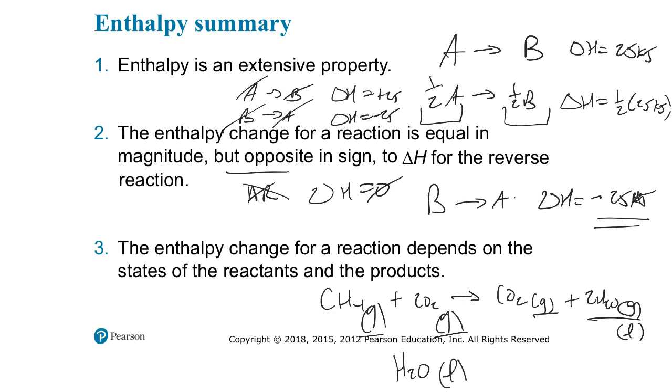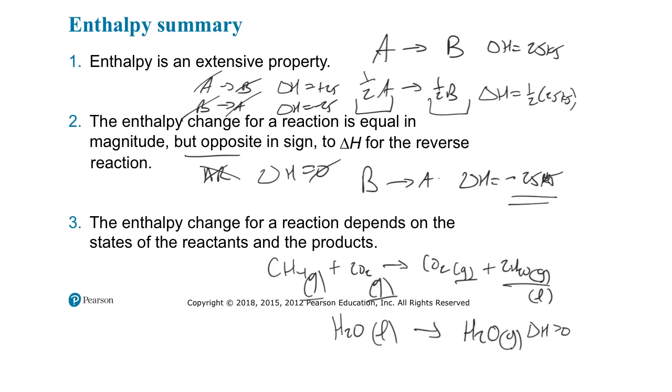Now we can also predict the change of physical state, say, of water liquid to water gas. If you're going to vaporize liquid water, there are forces holding liquid water together. They have to be broken. So this delta H, we can definitely predict, is endothermic. Enthalpy has to be absorbed by water for that reaction to occur.